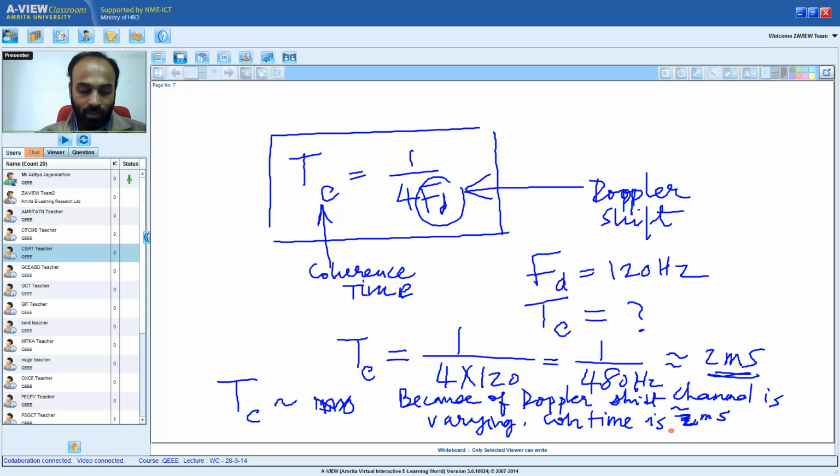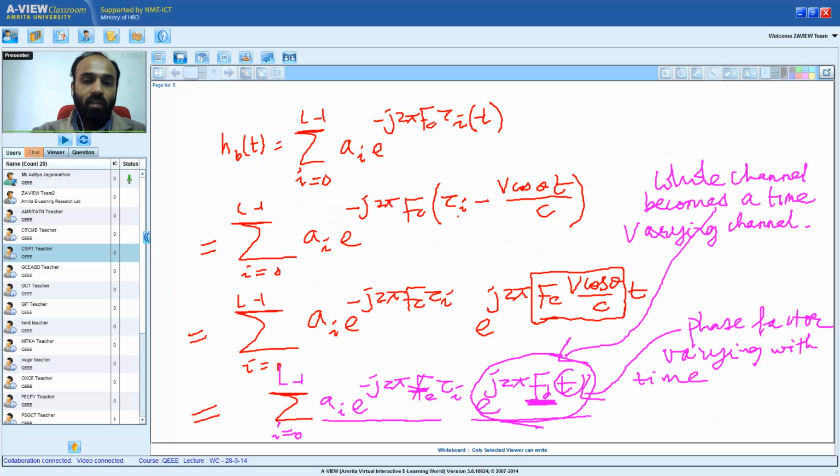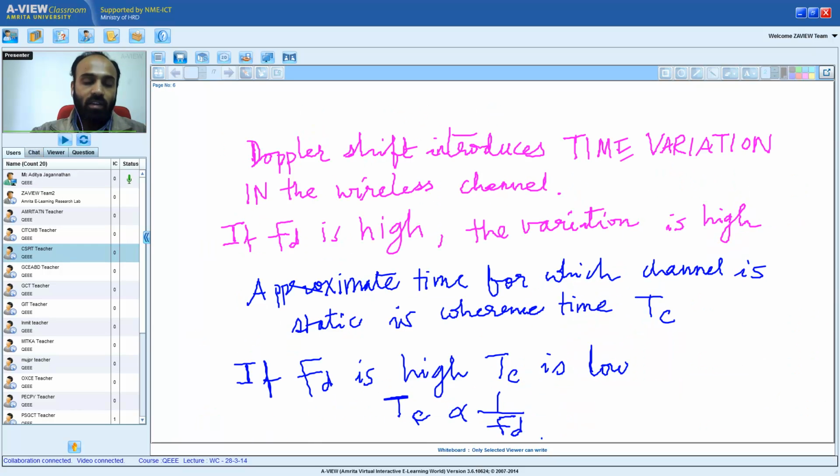What this is saying is there is mobility, so naturally that means the delays are changing, therefore the channel is changing. Now what is the rate at which the channel is changing? The channel is changing at the Doppler frequency Fd. So if Fd is higher, the rate of variation is higher.